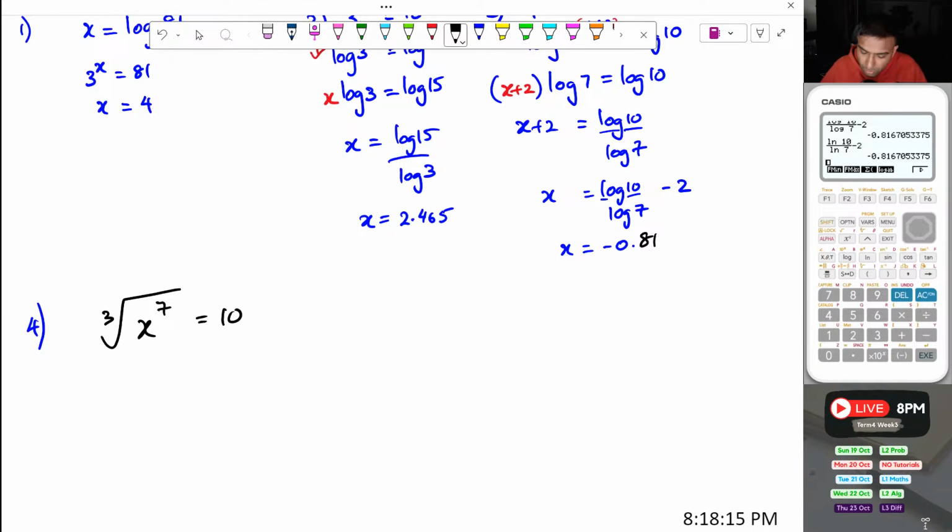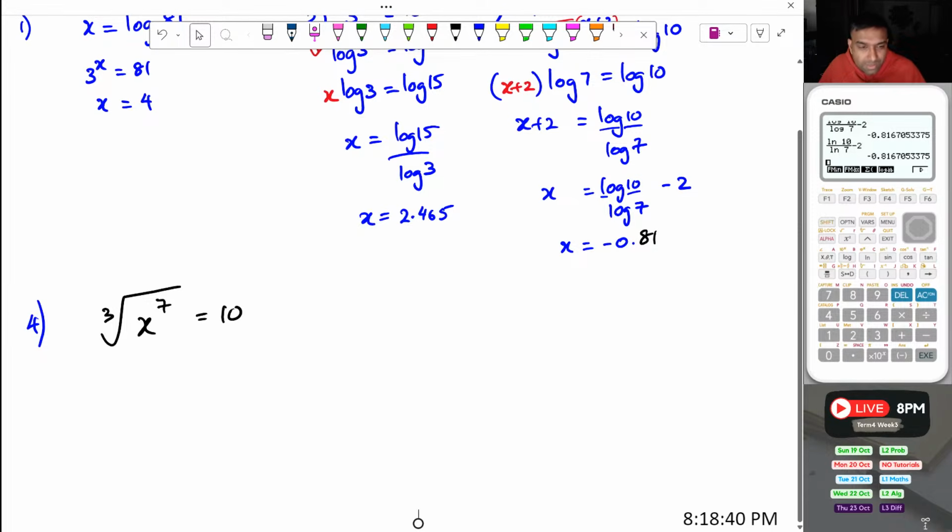All right, looking at question number 4 here. When you end up with something like this, I always love putting it in fractions, because things just become so much quicker and faster. So what do I mean by that?